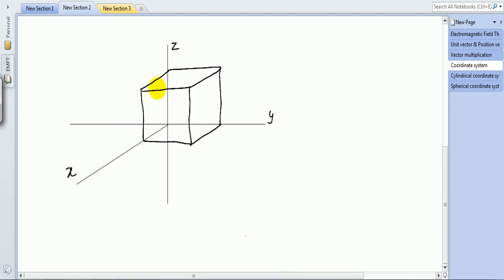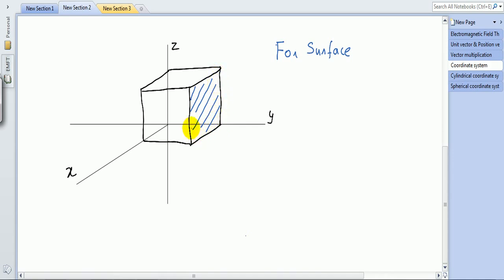Now if I want to locate a surface, if I talk about this surface, you can see for this surface the variable y is constant.